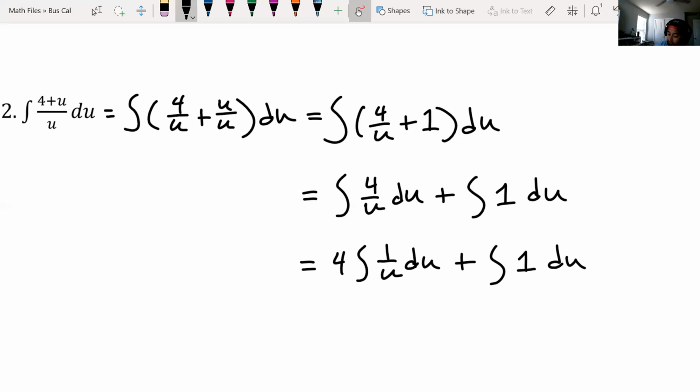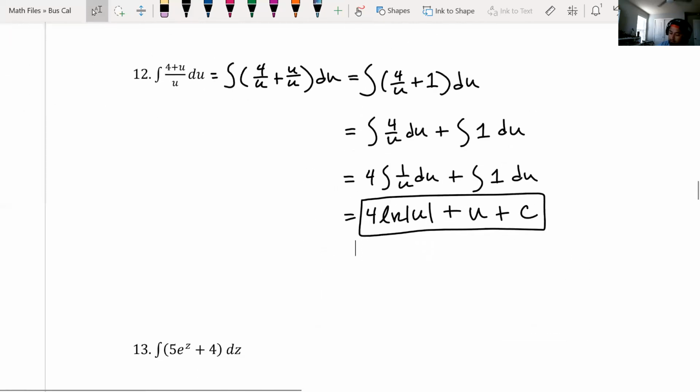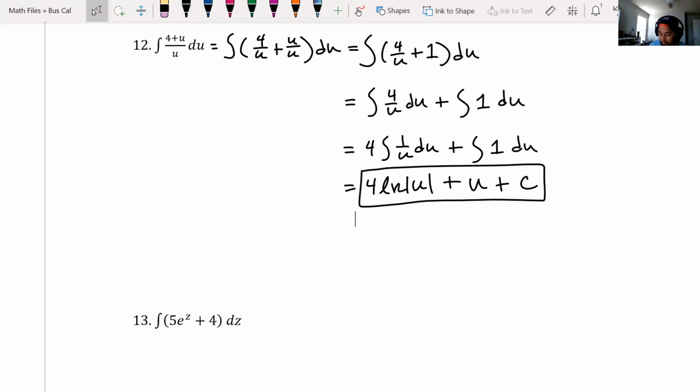So if we find the antiderivative, the first one, you're going to get 4 times the natural log of the absolute value of u, plus the second one is going to use the constant rule. The integral of 1 du becomes u plus c. All right, there it is. Leave that there.